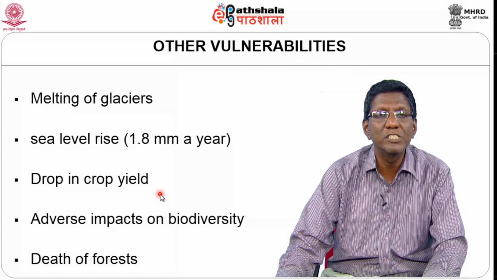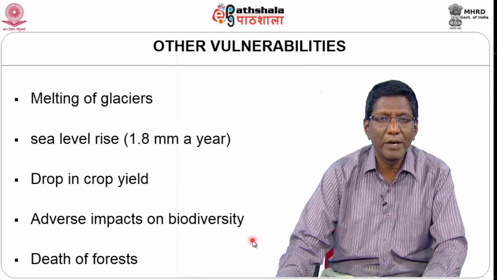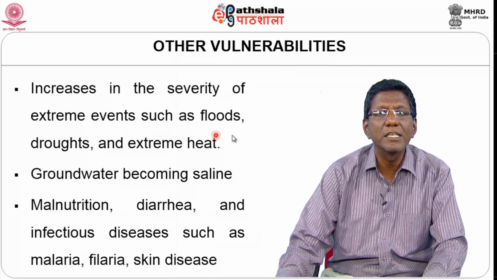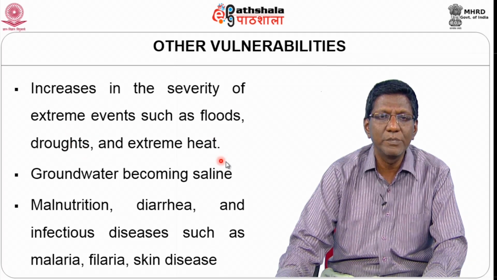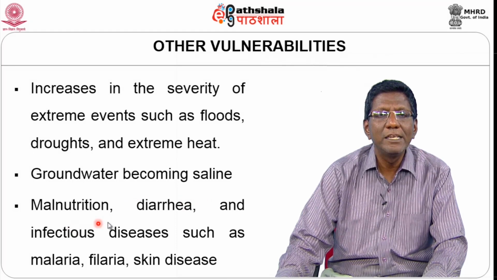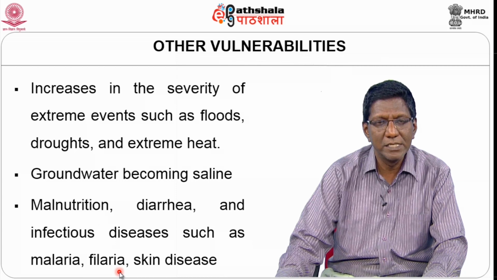That will produce less nutritional output. Adverse impact on biodiversity, death of forests. Increase in the severity of extreme events such as floods, droughts and extreme heat. Groundwater becoming saline and getting depleted. Malnutrition, diarrhea and infectious diseases such as malaria, filaria and skin diseases.